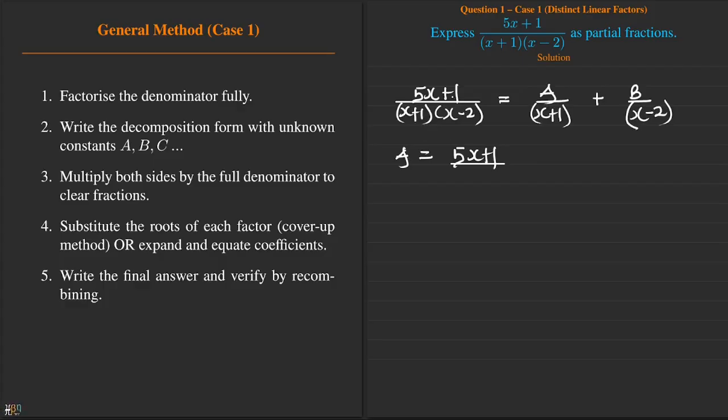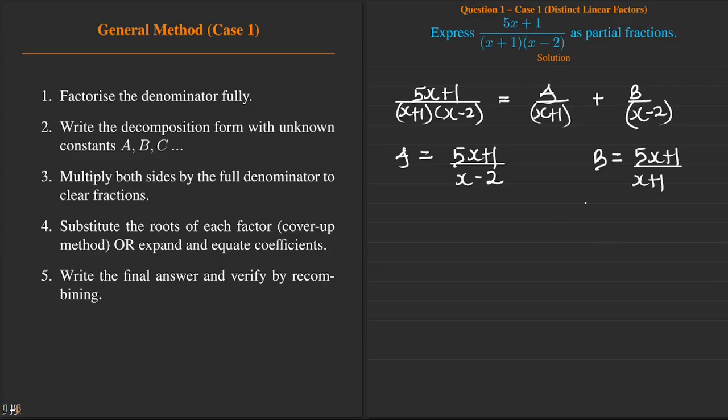You don't include it, but you include the other one, which is x - 2. And also, if it is B we want, we'll still take this numerator, 5x + 1, and we are not going to use B's denominator, but rather x + 1.